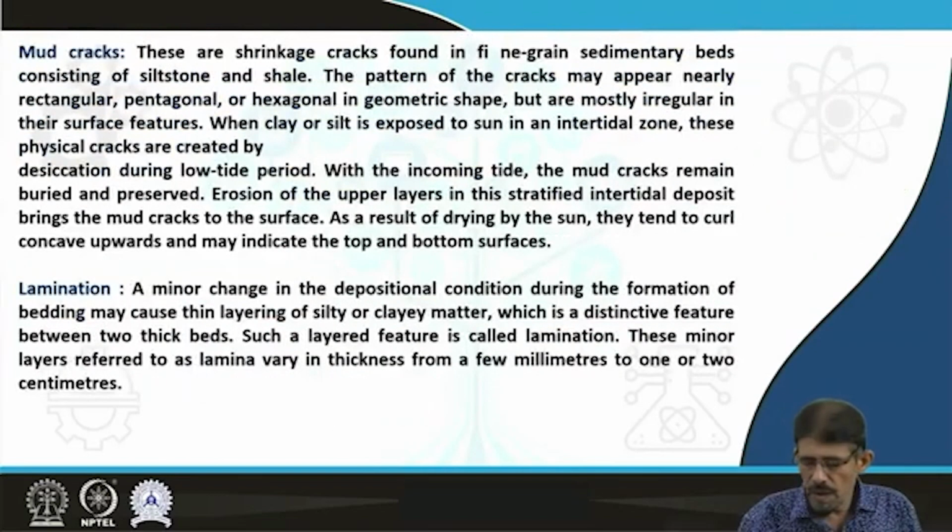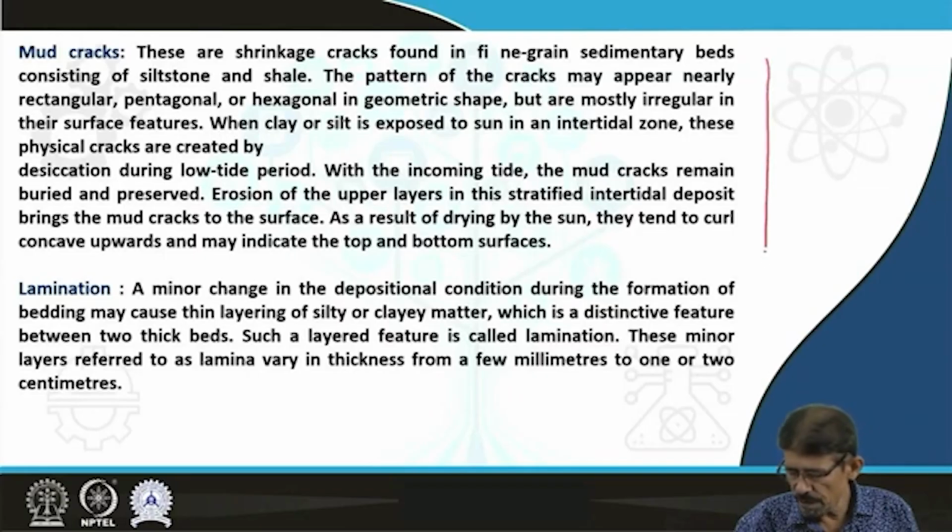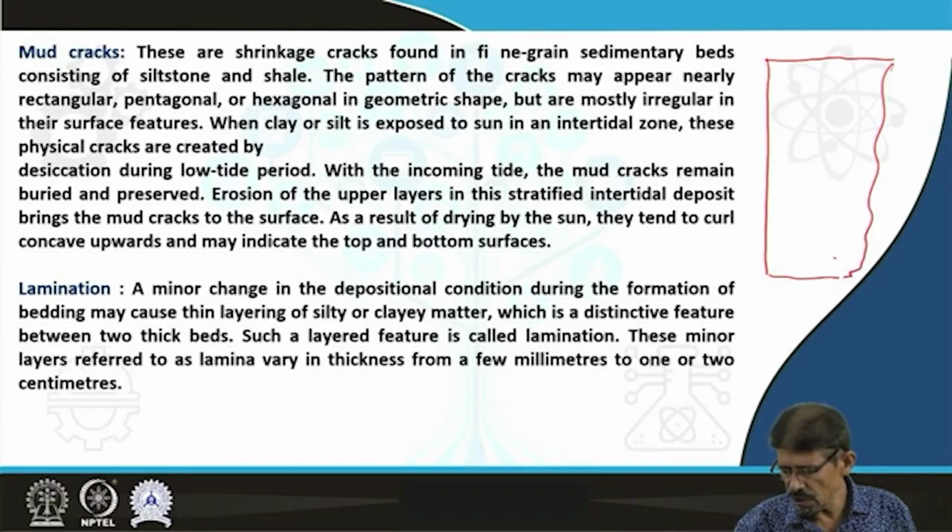If we are going to see a column of sedimentary deposits, then we can see some of the structures located on the surface, some of the structures located within this body, and some of the structures located at the bottom side.